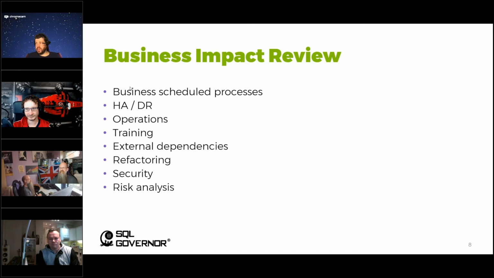So operations is really important, and again, at this point of view, we're not really talking properly about technical implementation. We're talking about the effect on the business. You want to be able to understand what your processes are and how they're going to affect what happens next.